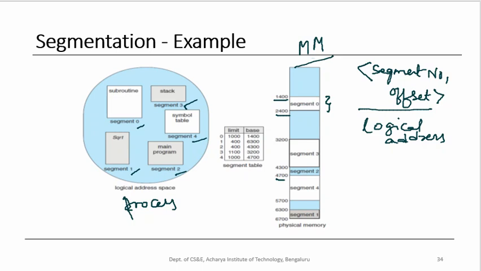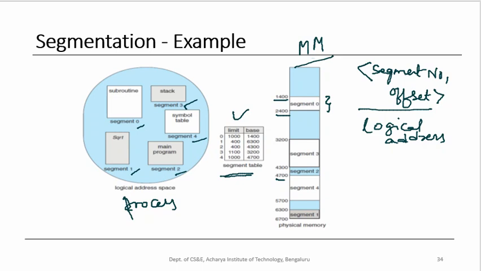To support this kind of memory allocation, we need hardware, that is a segment table, like a page table in the case of paging. What entries are going to be made in this segment table? Here there will be 2 entries, unlike paging where there will be only one entry, which is nothing but the frame number corresponding to a page.